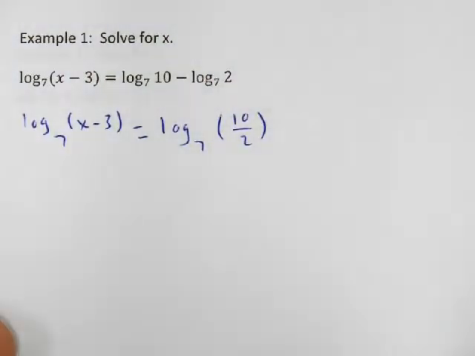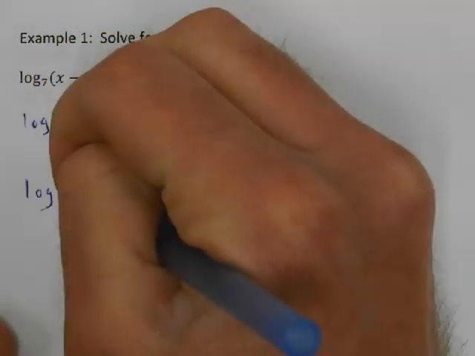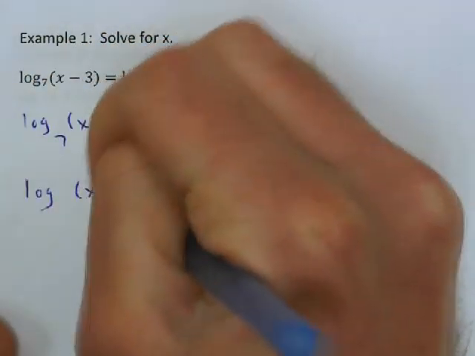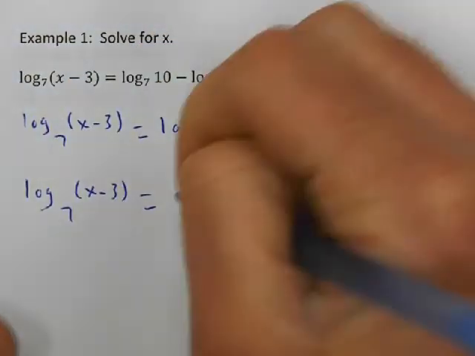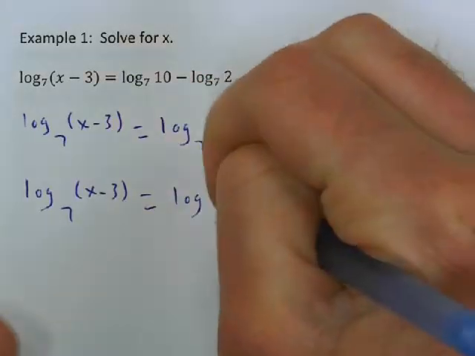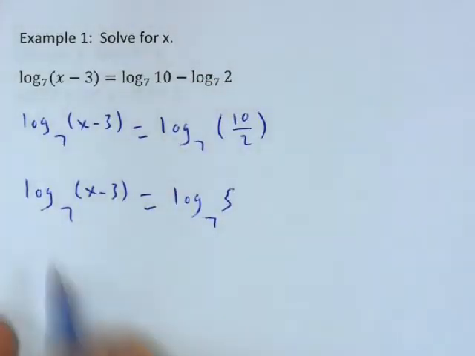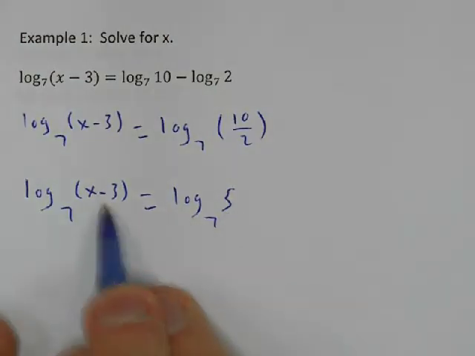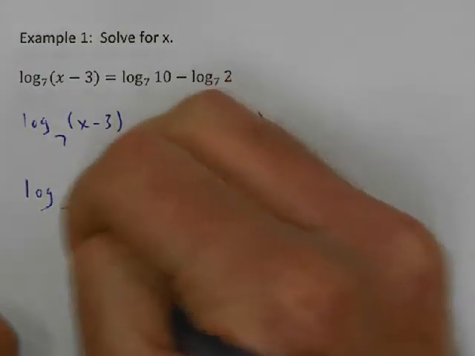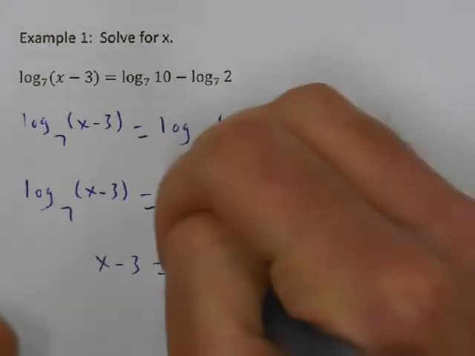Okay, and then we can simplify that. So we get log of x minus 3 base 7 equals the log of, this is going to give us, 5 base 7. All right, and now that I have log base 7 of this thing equals log base 7 of that thing, we know this thing has to equal that thing. So then we get x minus 3 equals 5.